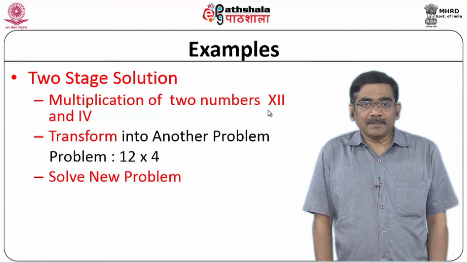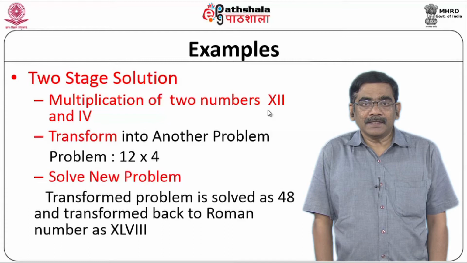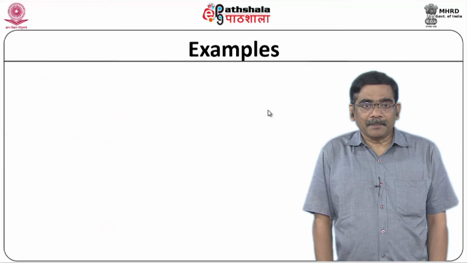Now, we can multiply, and once the multiplication is done, we can convert that back into the original domain. So, this kind of paradigm is what we are calling as the transform and conquer paradigm.